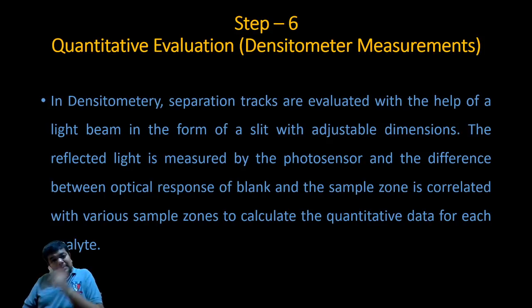So this experiment based on densitometry will help us to get peaks, and these peaks will help us to calculate the area and height, and that will determine the quantitative presence of a component.